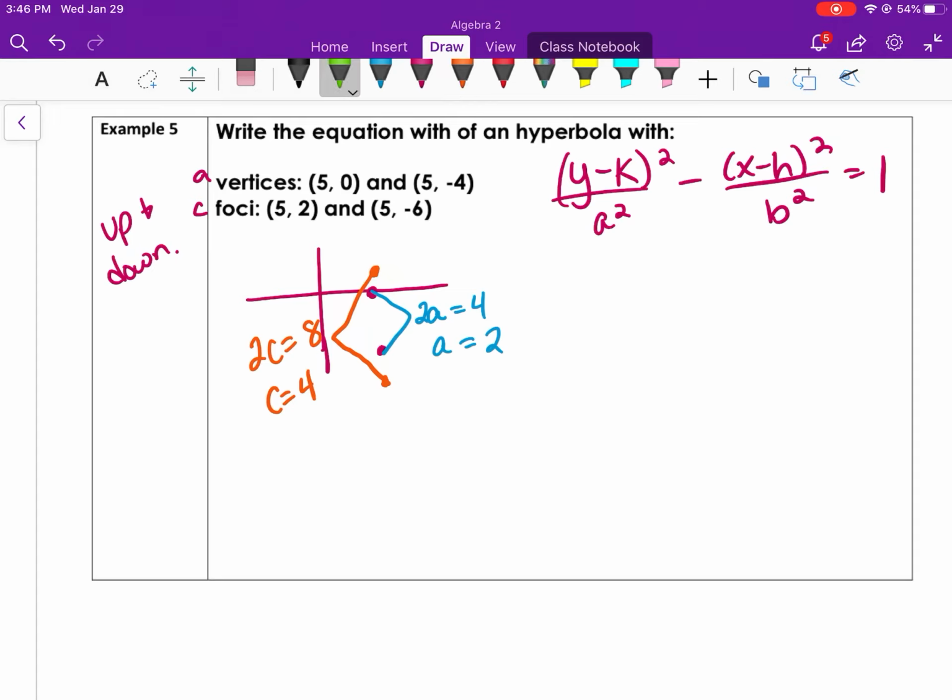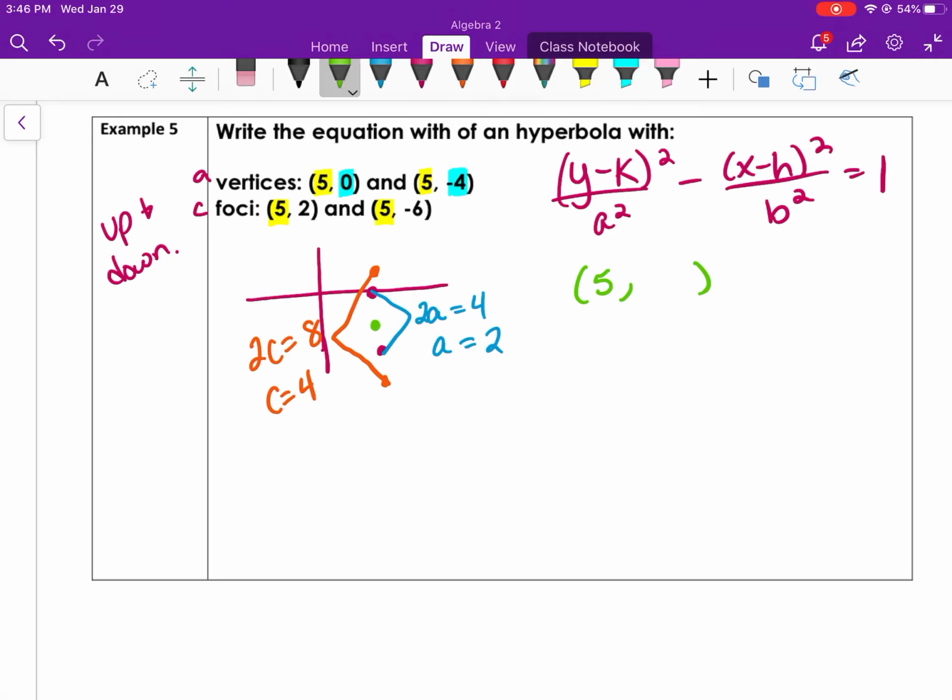The center is halfway between all of this stuff. So right here, you can figure that out by either adding the coordinates together and dividing by 2. So for example, since the 5 is not changing in any of these, you know that your center will be 5 something. Then you can take your coordinates, like 0 plus negative 4 is negative 4.